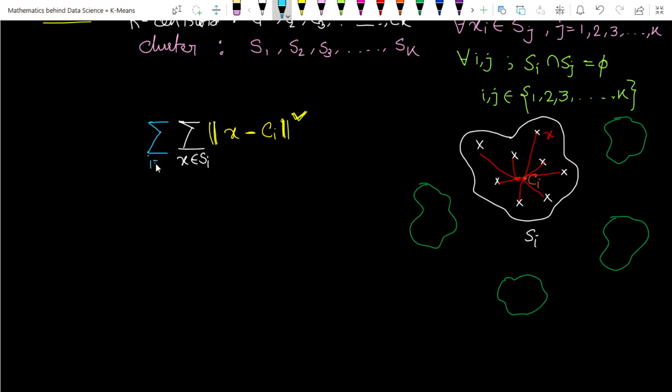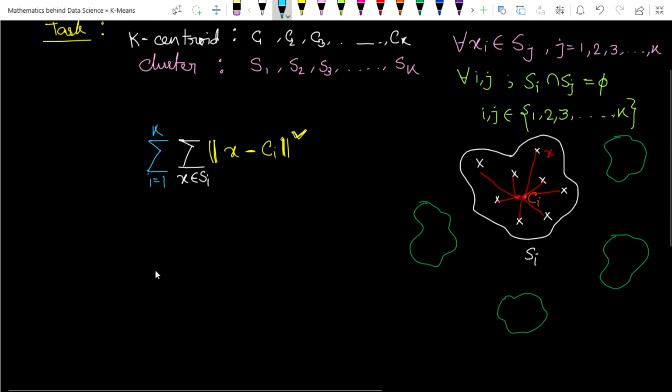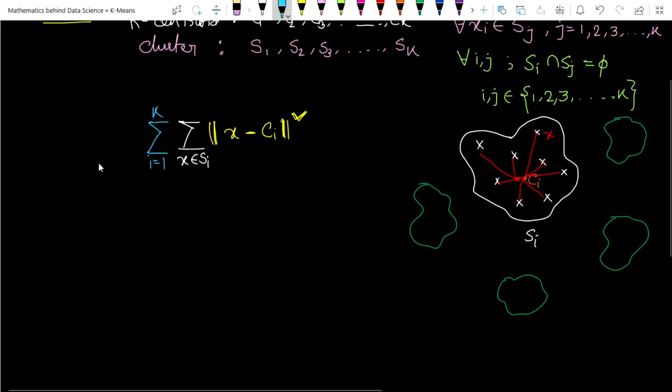Suppose the index i is 1 to k, because we consider that we have k number of clusters. So we have to calculate the distance from each cluster. After calculating this value, we have to find the arg min. We have already used these things in logistic regression, SVM, linear regression, that kind of thing.